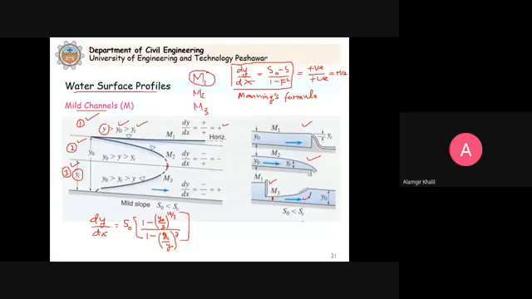So when y is equal to yc, this equation gives dy by dx equal to infinity. So it means that the slope here should be vertical.